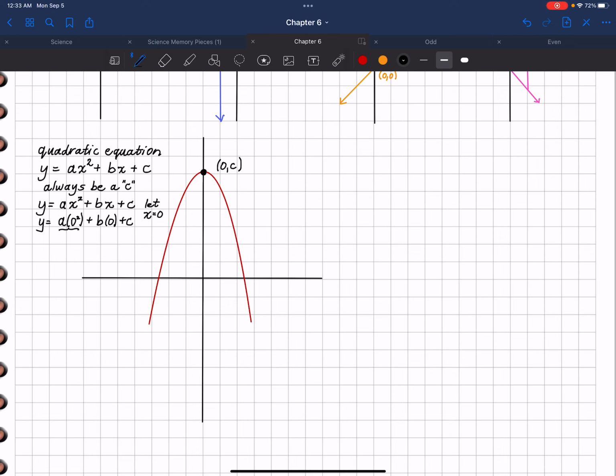So this would become 0, because when you multiply by 0, you're going to get 0. So this ultimately simplifies to y equals c. So you can never eliminate c. That's what I'm trying to say. A quadratic equation will always have a y-intercept.